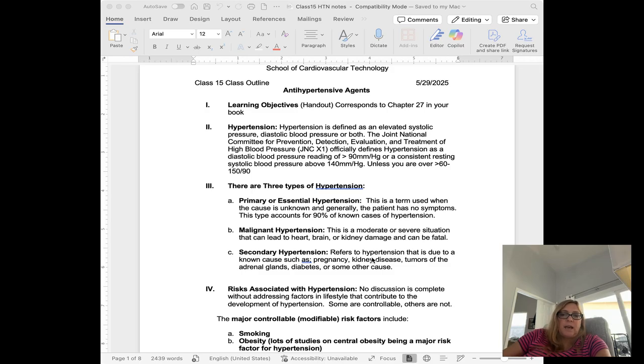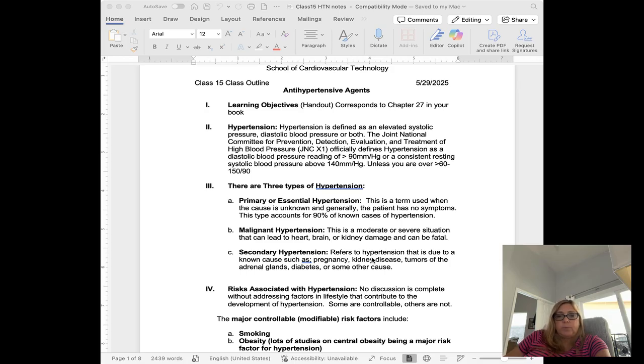So we can get changes in the kidneys over time, and that can lead to eventual kidney dysfunction. Just like diabetes, when we talked about target organ damage, we get this with long-term hypertension too. Secondary hypertension refers to hypertension that could be caused by something else, another disease.